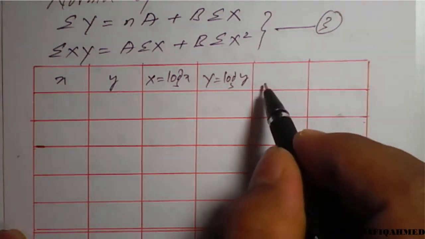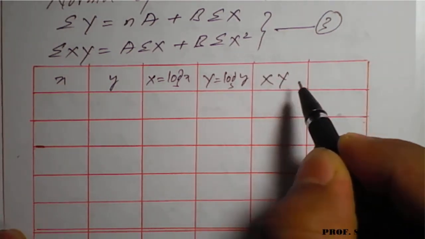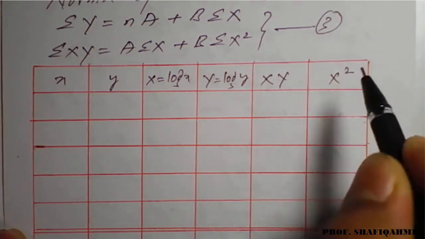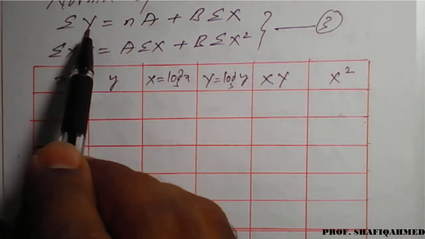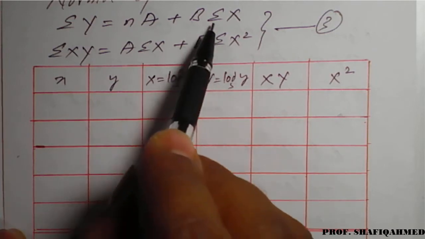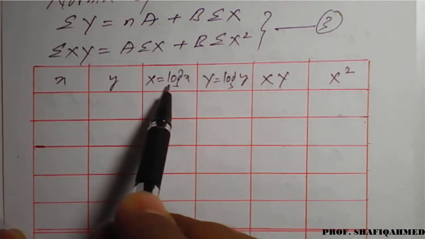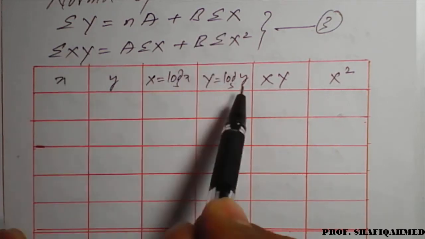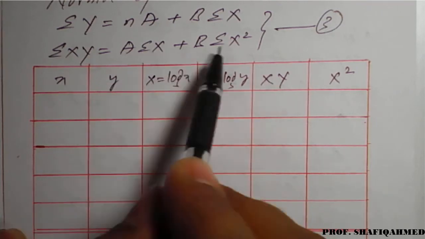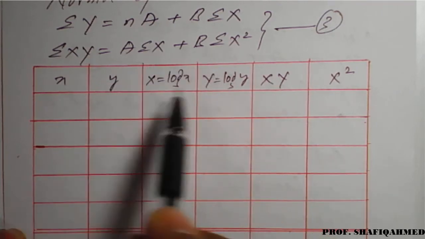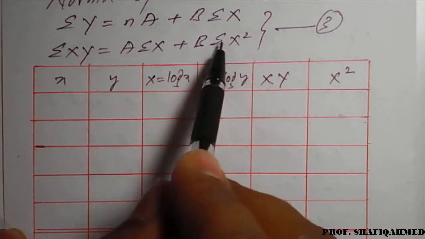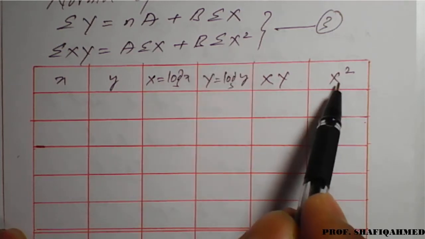Then we need capital XY and capital X square. Summation of capital Y will come from this column, summation of capital X from this column, summation of capital XY from this column, and summation of X square from the last column.